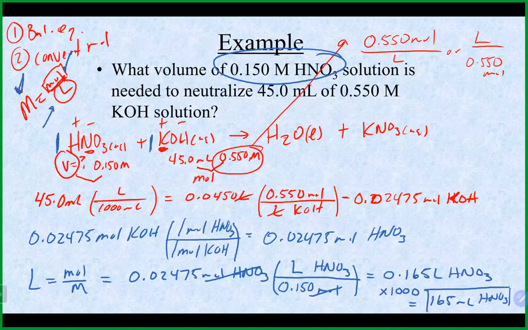So if this was a titration, you would need to add about 165 milliliters of nitric acid to reach the equivalence point when you started with your 45 milliliters of the potassium hydroxide.